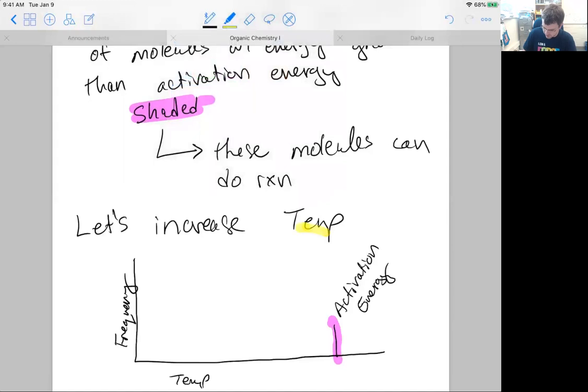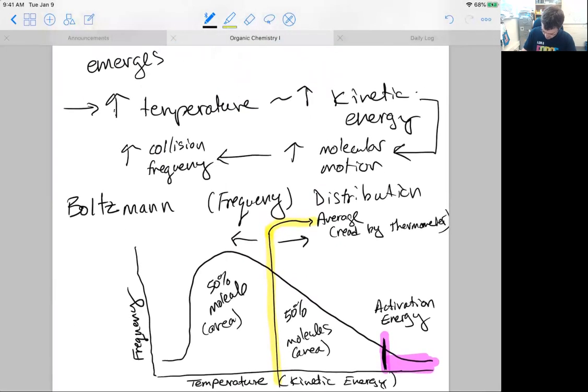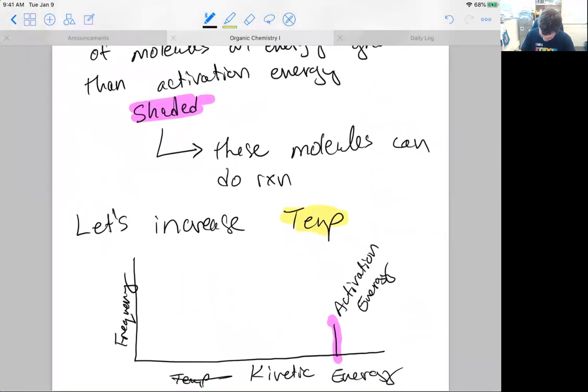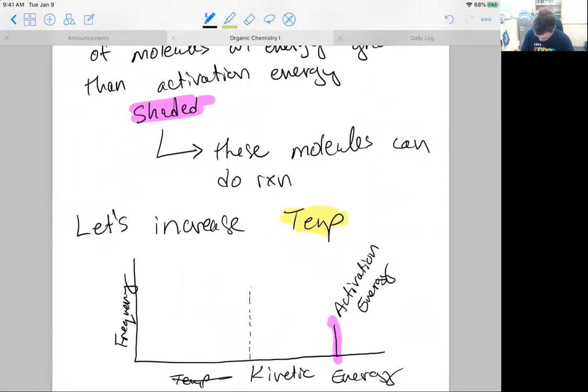Temperature is a little vague because it's also the x-axis, so maybe kinetic energy is a better label. I want to increase the average kinetic energy of our system. Originally it was pretty much halfway, the original temp. Again, the temperature is the average line, and we're going to shift it over.